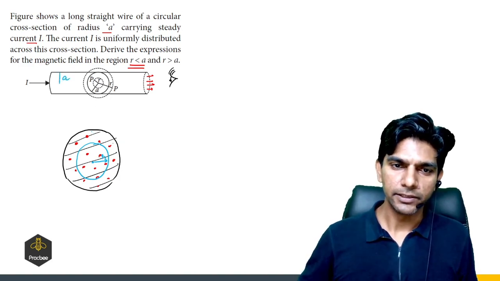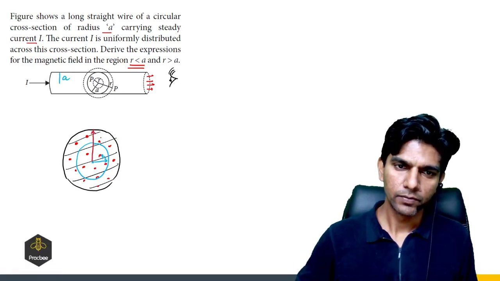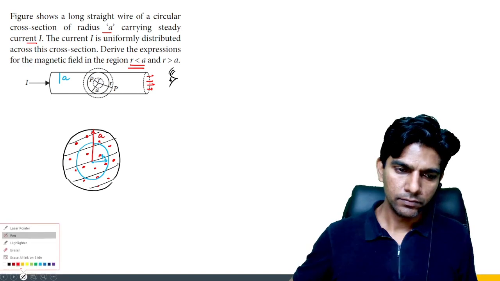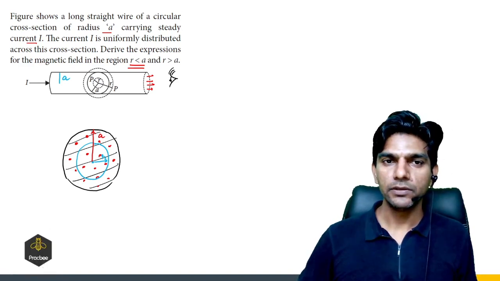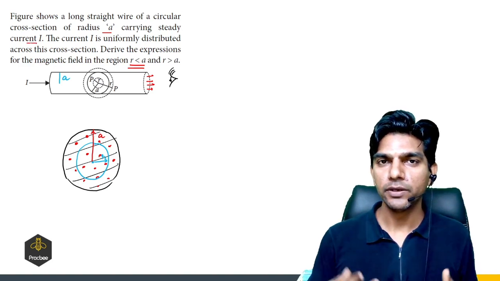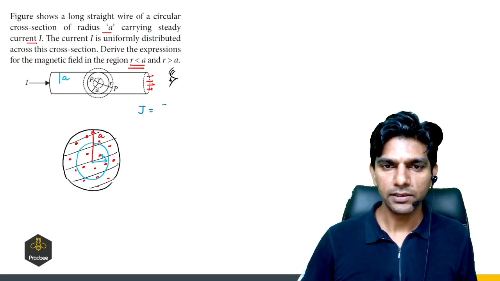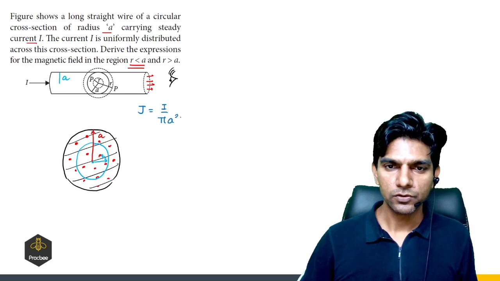So this is a. And we have given that this current I is uniformly distributed across the cross section of the wire. So I can define current density as I divided by pi a square.